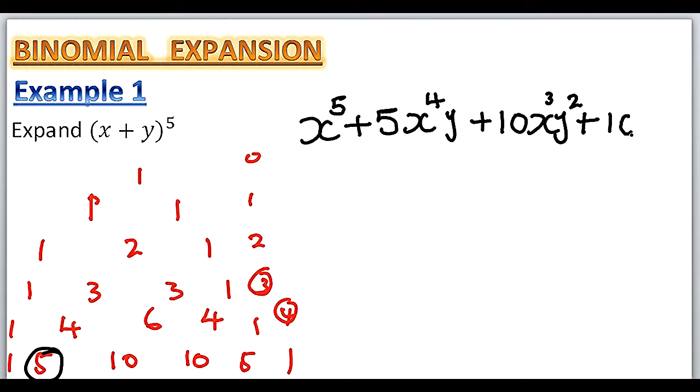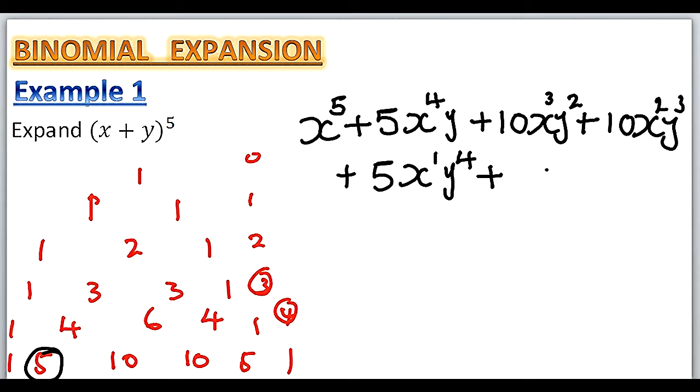The next coefficient is 10, x reduces by 1 so you have x squared, y increases by 1 so we have y cubed, plus the next coefficient is 5, x decreases by 1 so we have x to power 1, y increases by 1 so we have y to power 4, and finally x goes to 0 and y increases to 5. So that is the expansion. We can write it again here and say this is how it looks.